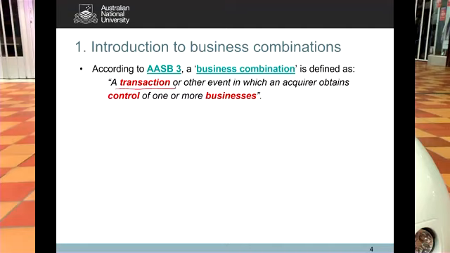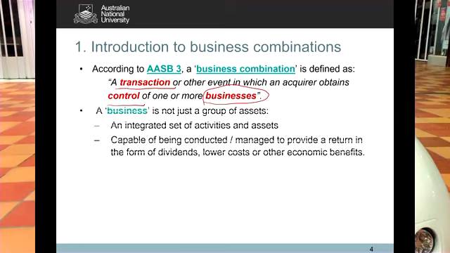The transaction, obtains control. Without control, that's not a business combination. And one or more businesses. If you just simply obtain control of assets, that's not a business combination. If nobody obtains control, that's not a business combination.